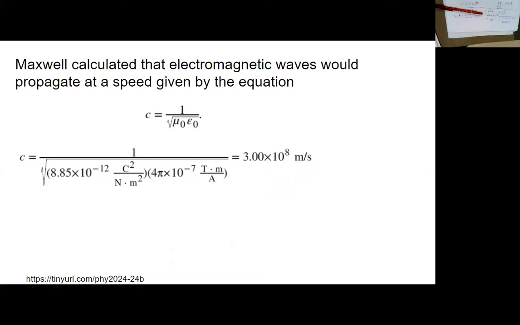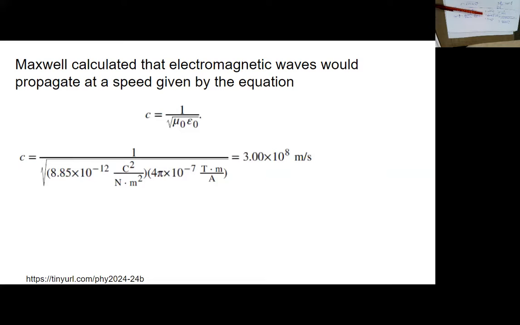Another result that comes out of Maxwell's equations is that the speed of light is determined by the equations. It's given as the speed of light equal to 1 over the square root of mu naught, the permeability of vacuum or free space, times epsilon naught, the permittivity of the vacuum.